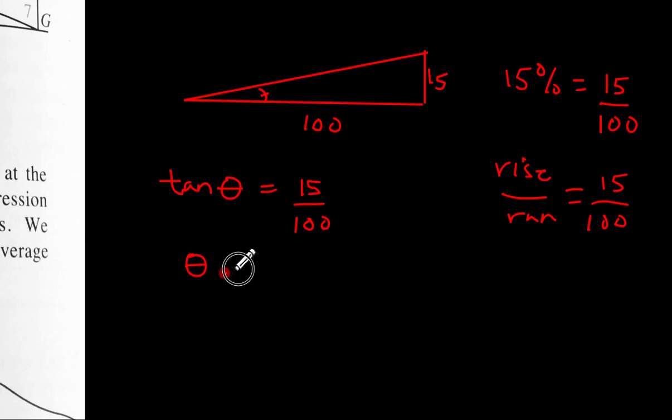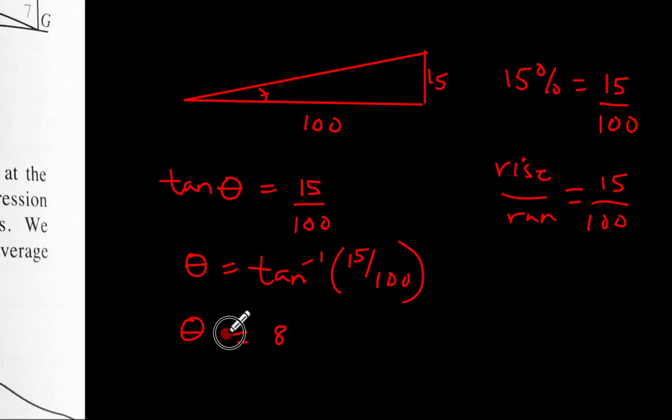So we just use our calculator. We would do the inverse tangent of 15 over 100. You pop that into your calculator and you're going to get that the angle is approximately 18.53.